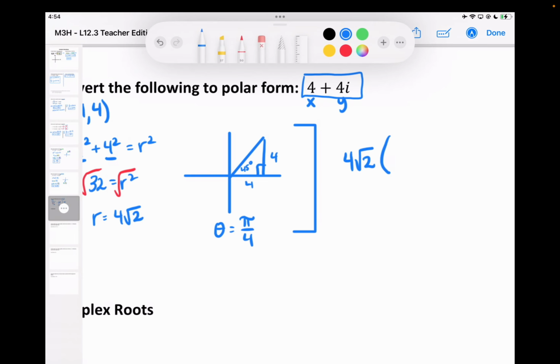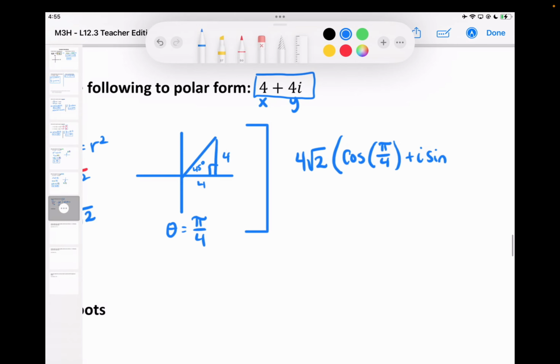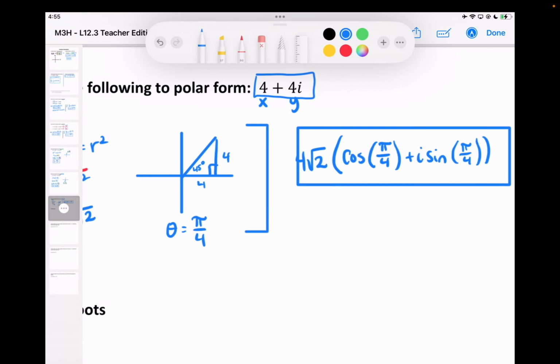And then I'll write it the long way rather than the shorthand, but it'd be cosine pi fourths plus i sine of pi fourths. And that would be our final answer. That's all you'd have to do if I ask you to convert.